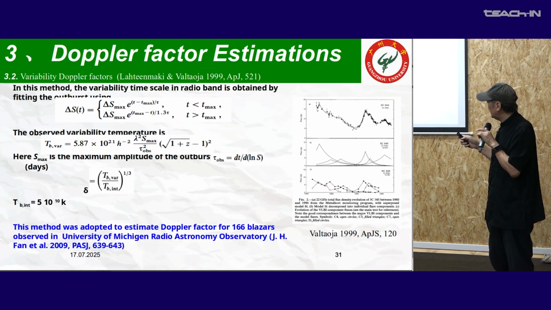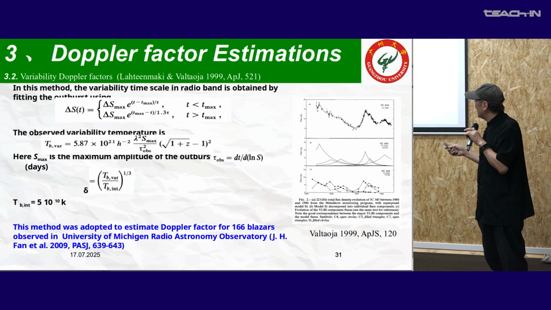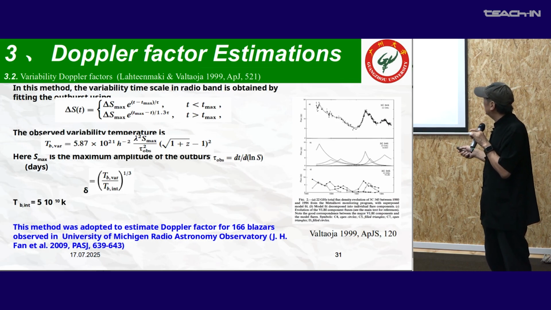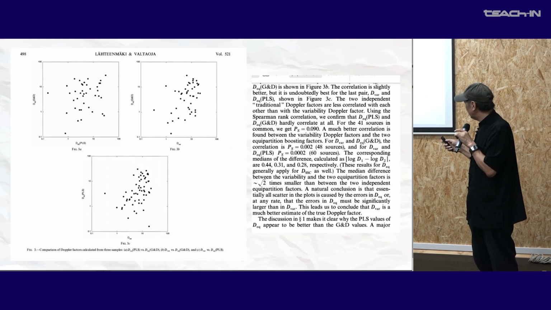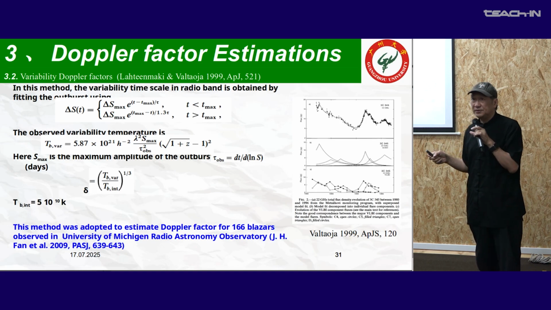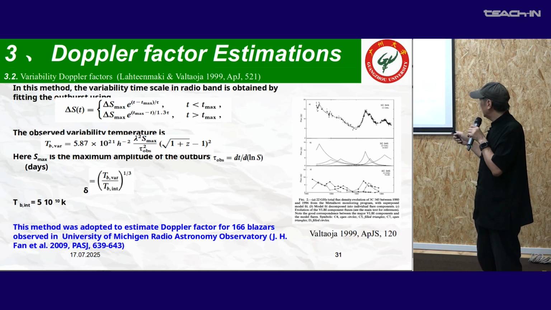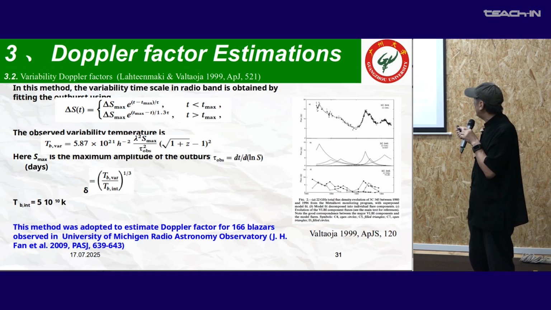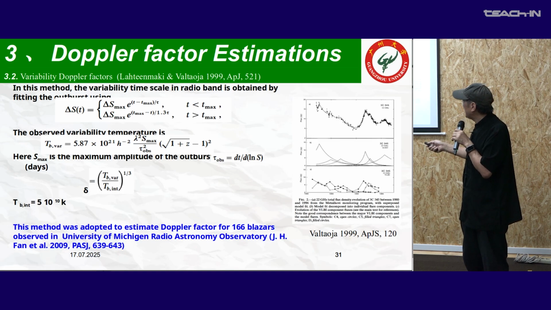This is Ghisellini's work. Valtaoja and his co-workers proposed a method to estimate the Doppler factor. They decompose the flare components this way, so they can get the variation magnitude and the corresponding time scale.